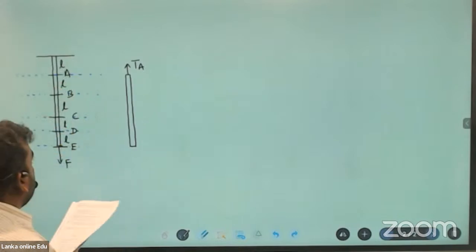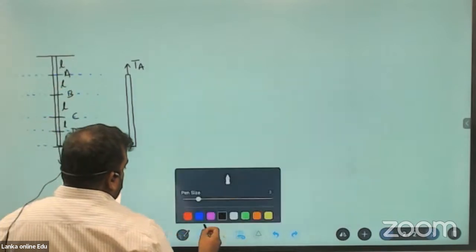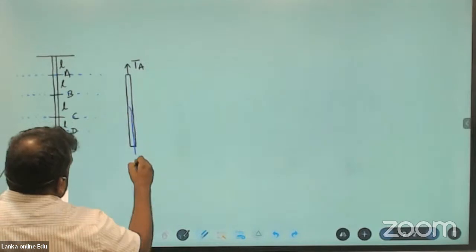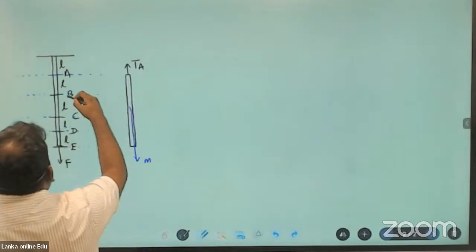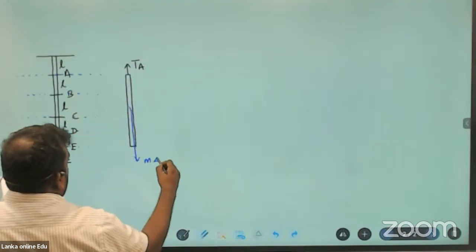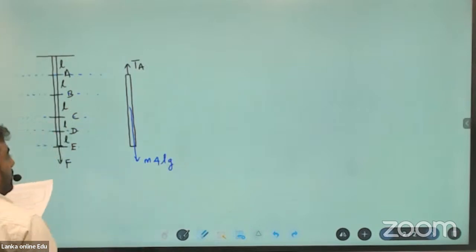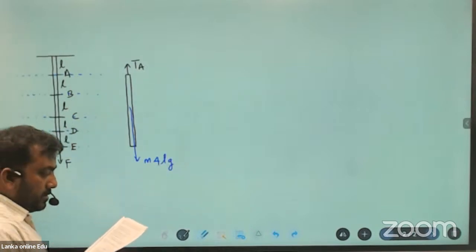Mass per length is simple M, so the mass is M into 4L, and the weight is M into 4L g.